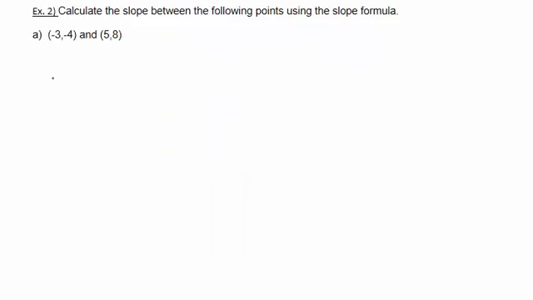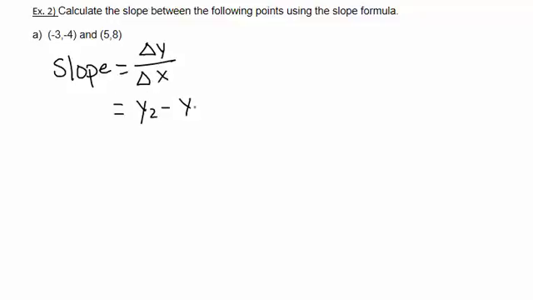Example 2, calculate the slope between the following points using the slope formula. So our slope formula is delta y over delta x, which is equal to y2 minus y1 over x2 minus x1. So here's our y2 minus our y1.